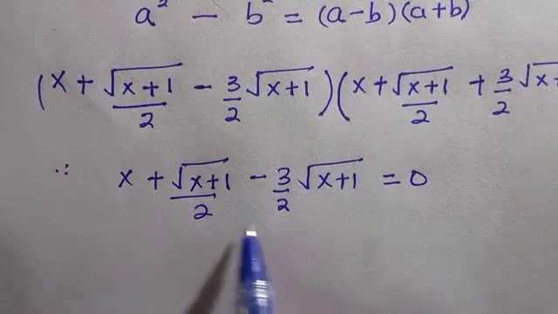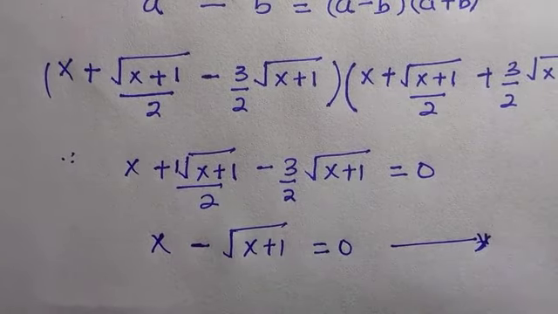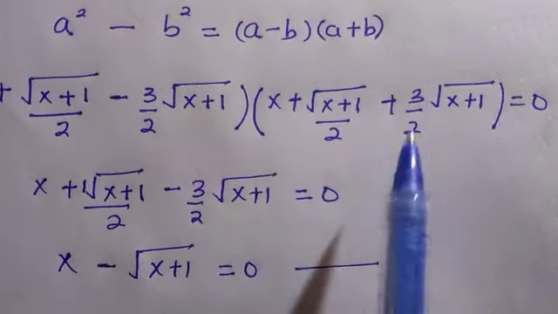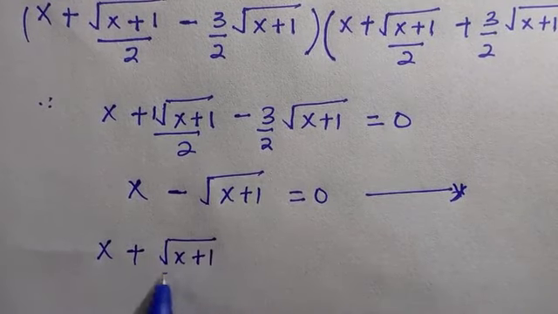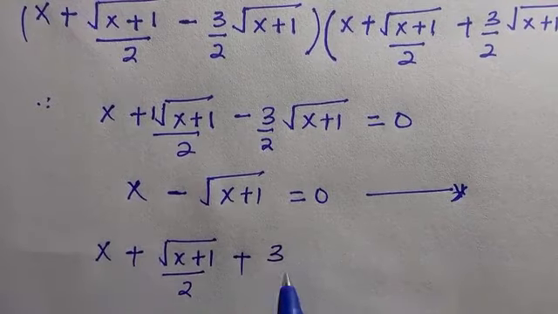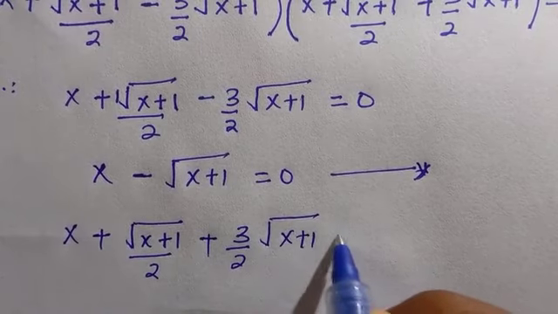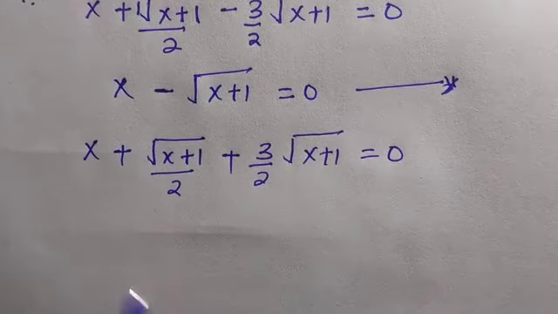This can be reduced to x plus, if this is 1, and we find the LCM, everything reduces to root x plus 1 equals 0. The second one can also be x plus root x plus 1 divided by 2 plus 3 divided by 2 root x plus 1 equals 0.